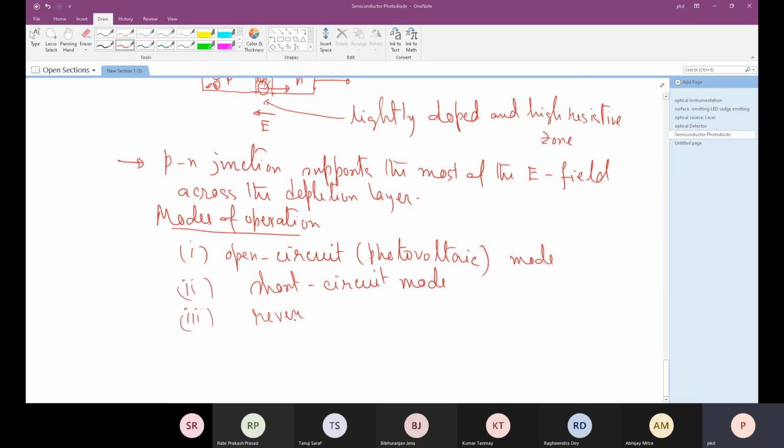For measurement purpose, mostly we use reverse biased mode.